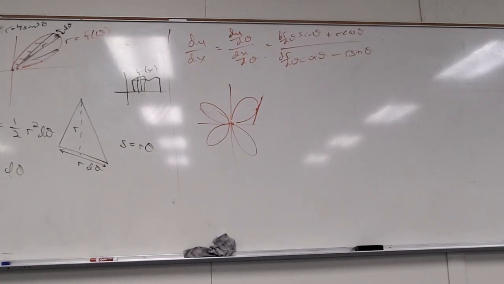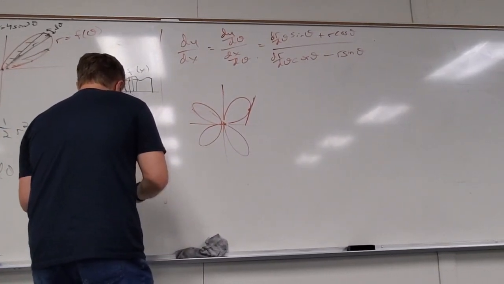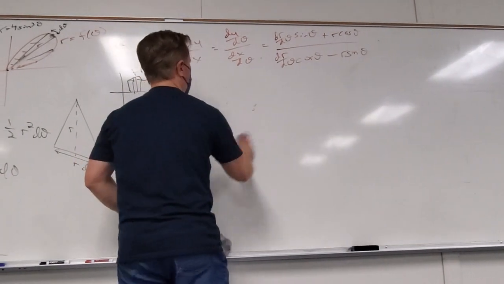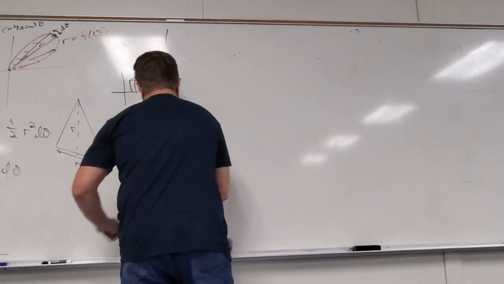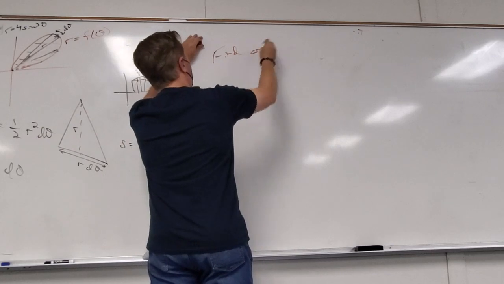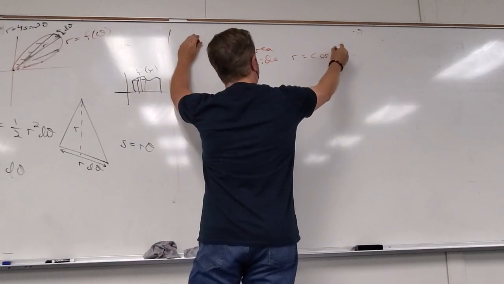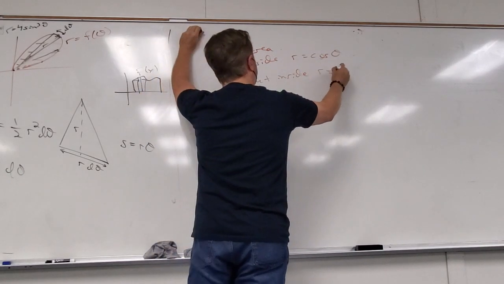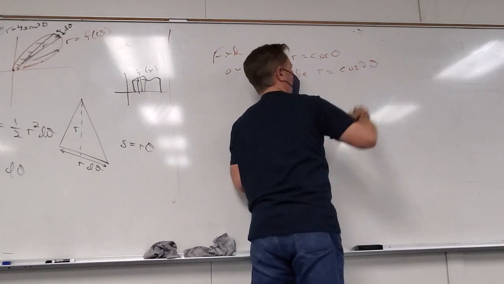So in this section, if you choose to do the homework and get some extra credit possibly, you're going to see problems like find the area outside r equal to cosine theta, but inside r equal to whatever, cosine 2 theta or something.